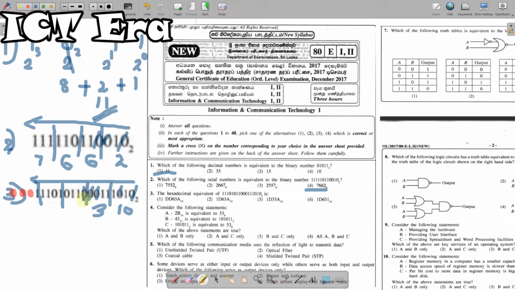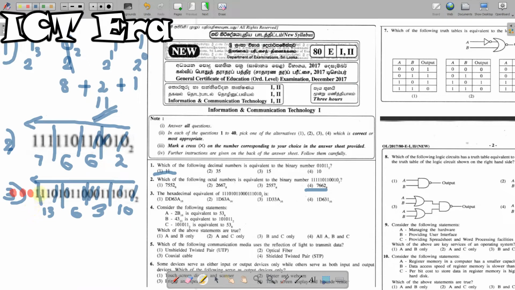Here we can cut these zeros. Then 2 to the power 1 is 2, 2 to the power 2 is 4, 4 plus 2 is 6. Then here we can cut this 0. So 2 to the power 0 is 1, 2 to the power 2 is 4, 2 to the power 3 is 8, then 8 plus 4 is 12, 12 plus 1 is 13.